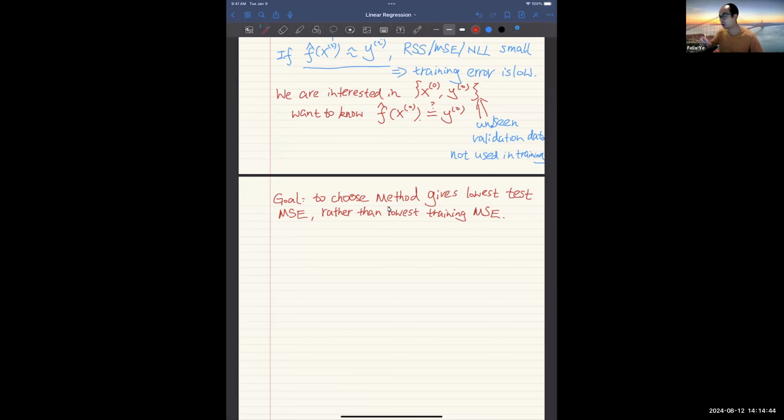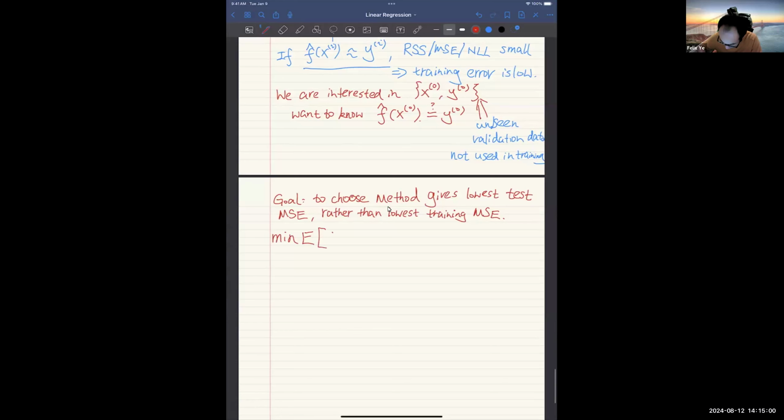If we have a very large number of test data, the goal means we want to minimize the whole expectation of the ground truth y0 minus the predicted value on a test data set, and this thing should be minimized. And these data are all testing data, not the training data set.